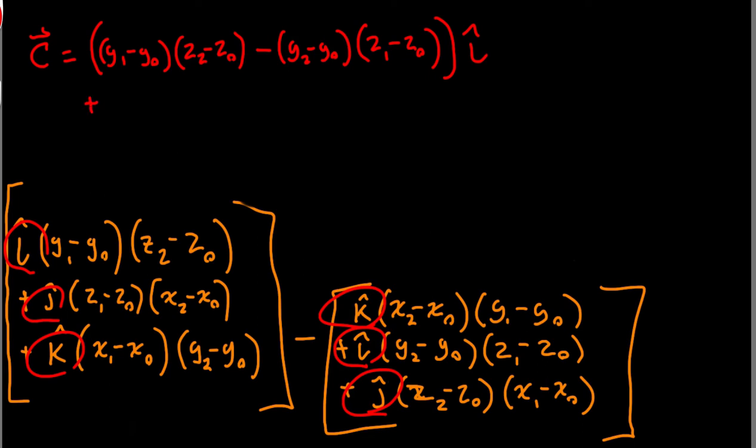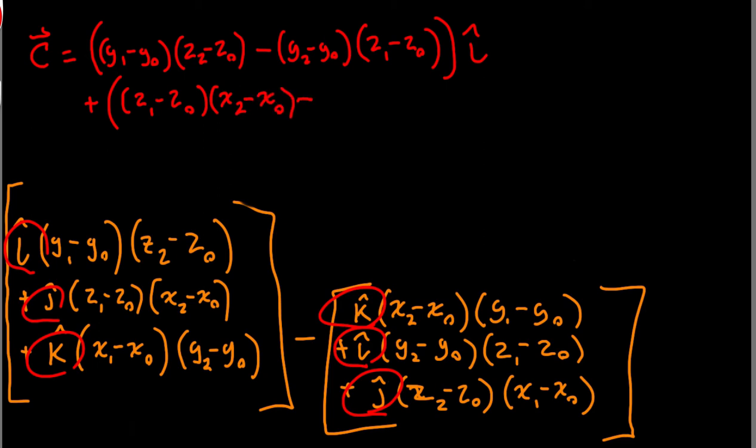Now we add the next one, and that's going to be all j's. So we're going to have (z1 minus z0), that's this one down here, right? Times (x2 minus x0).